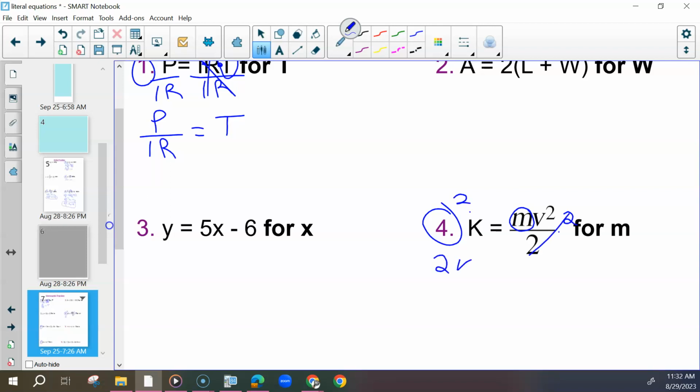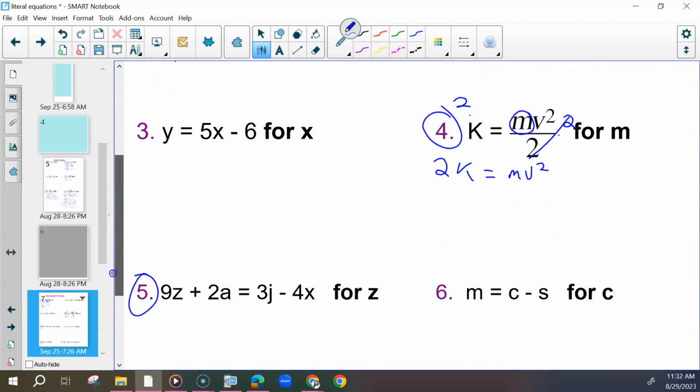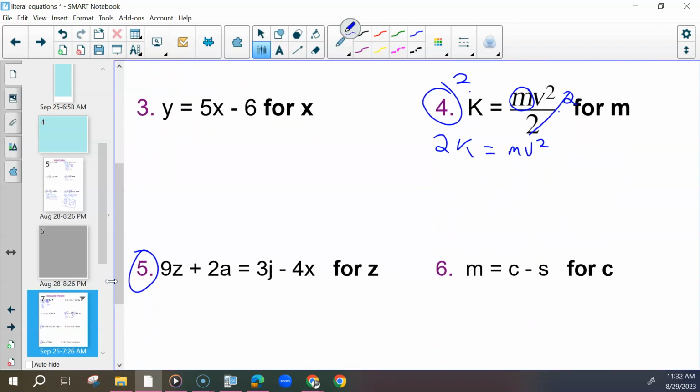So we have 2k equals mv squared. Okay. I'm going to give you a hint for this one. The v being squared, we don't have to do anything with that squared unless we were actually solving for v. So because we're solving for m, it can stay squared. So how would we get rid of v squared?